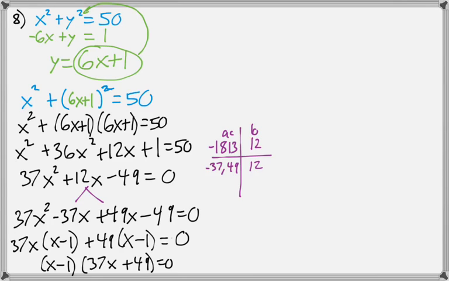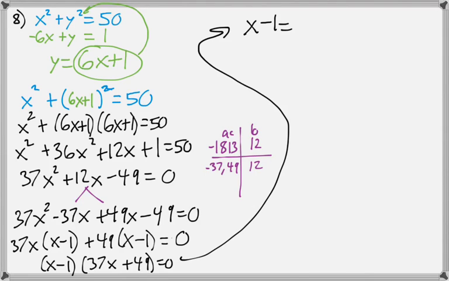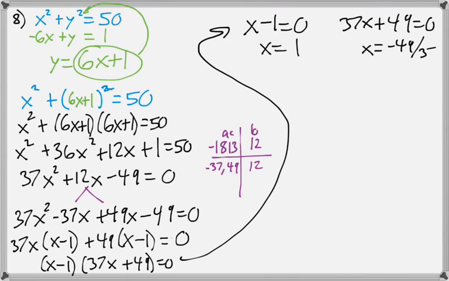So I want to set both of those equal to 0. So x is going to be equal to 1, and x is going to be equal to negative 49 over 37.